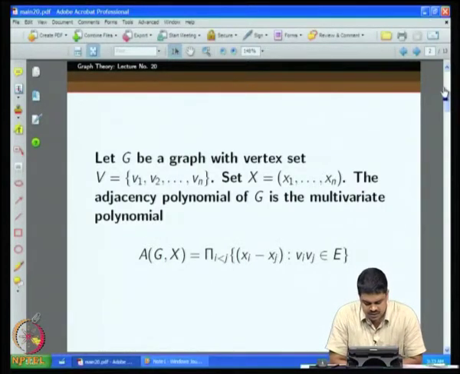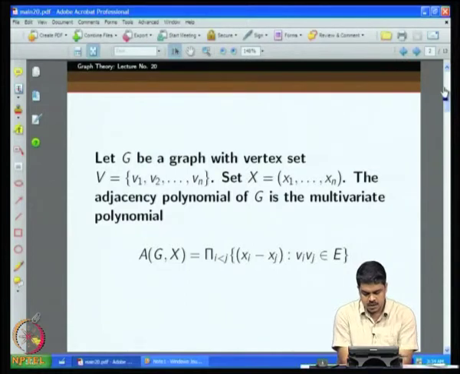You can see that if there is a proper vertex coloring of the graph, and we consider these colors as numbers, and then you substitute xi with the color given to the ith vertex, then because whenever ij is an edge, xi and xj will not get the same color, xi minus xj will not become 0.